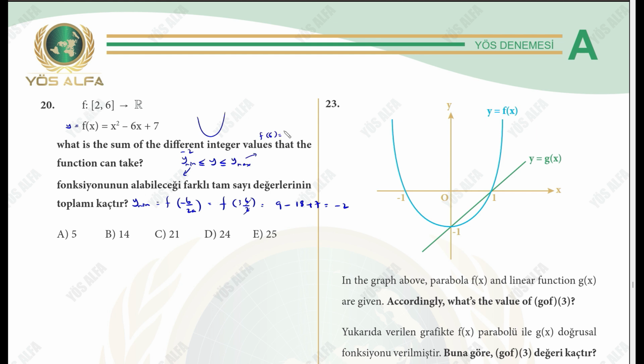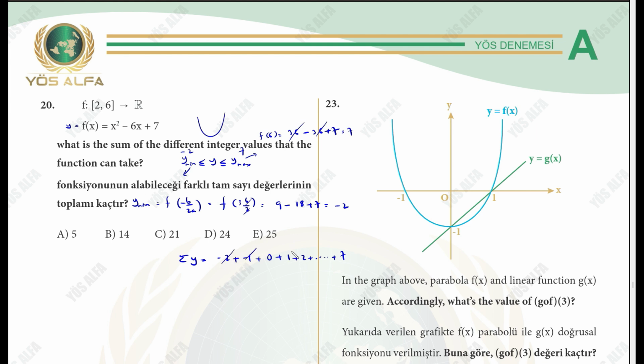F of 6 is equal to 36 minus 36 plus 7, which is 7. So our possible different integer values are between minus 2 and 7, and we're asked to find the sum of those different values. So all we have to do is sigma y is equal to minus 2 plus minus 1 plus 0, 1, 2, up until 7.